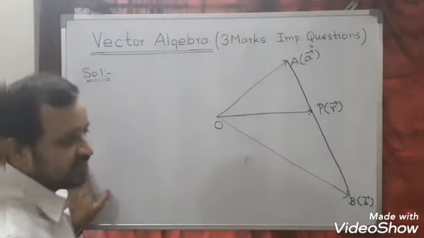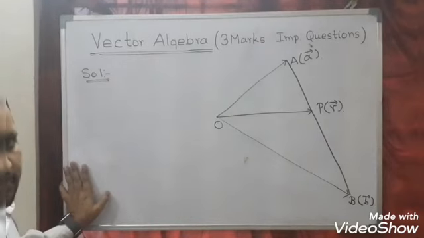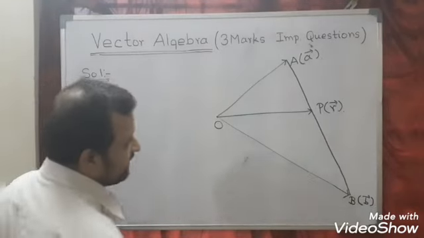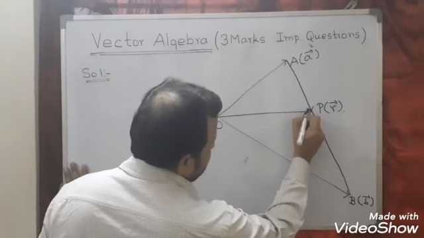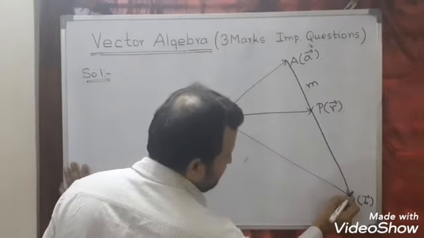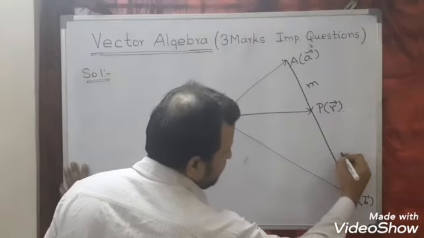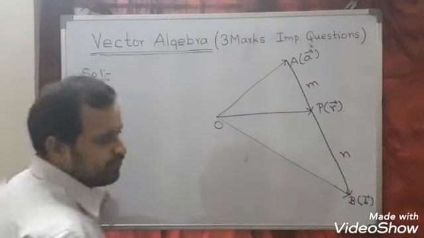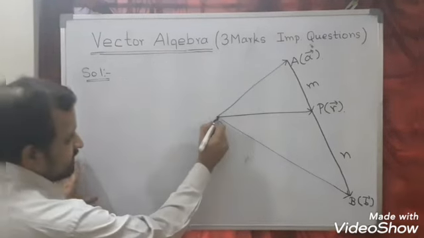So what is a position vector? The vector which starts from the origin is known as a position vector. So here also, let us take the ratio as m:n, and the arrow plays a very important role. So let us see the solution here.